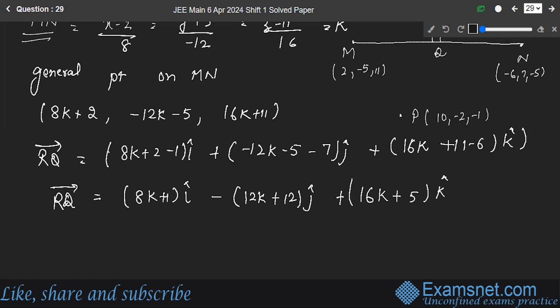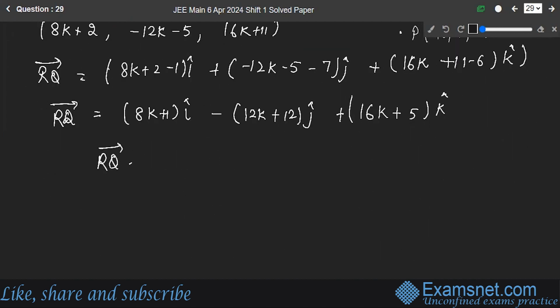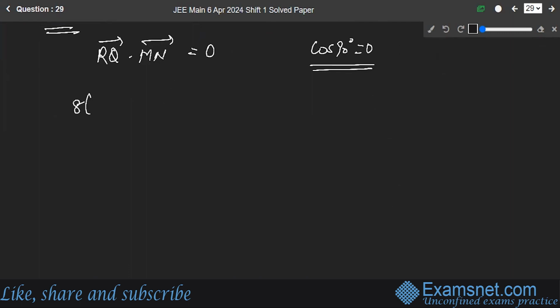Now, this RQ is perpendicular to MN. Therefore, the dot product will be equal to 0, because cos 90 is equal to 0. So the dot product of both of them will be equal to 0. We have the RQ vector already and MN also. So therefore, 8 into (8k plus 1), minus 12 into (12k plus 12), plus 16 into (16k plus 5) is equal to 0.